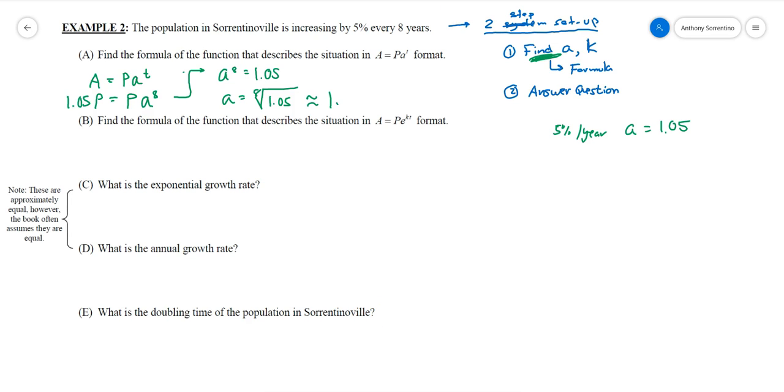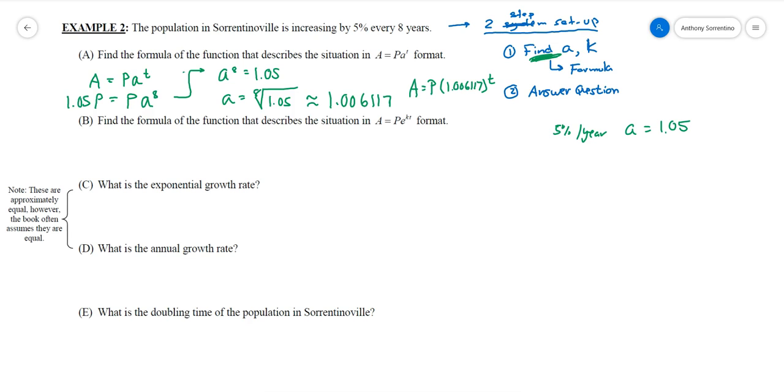That's 1.006117. Good enough. And so my formula ultimately for this is going to be A equals P times 1.006117 to the T power.